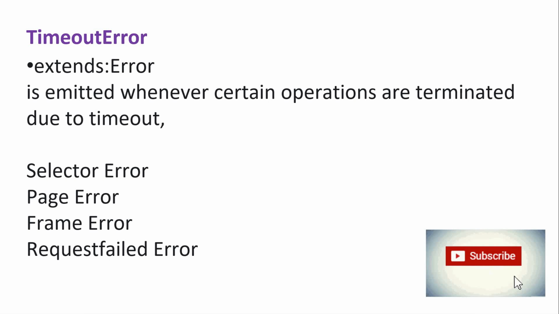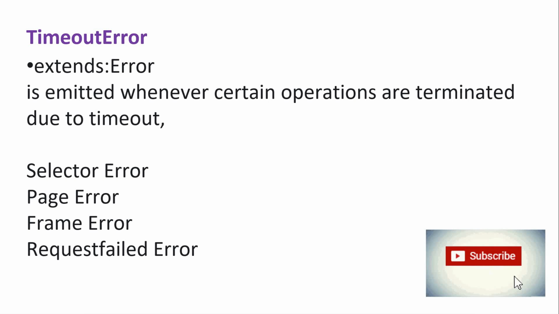Then we have selector error, which arises when a provided selector does not match any elements. Then we have page error, which represents errors related to the actions or interactions within the page. So at times when there is interaction within the page, and if that doesn't happen properly, then we have a page error.